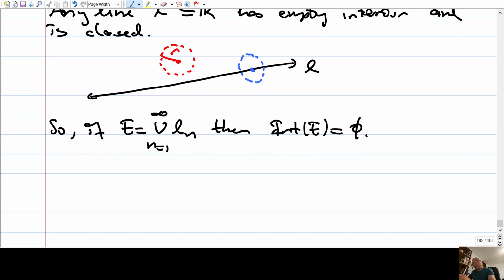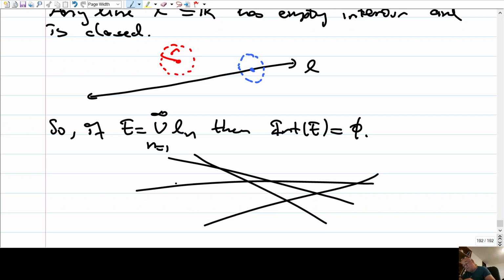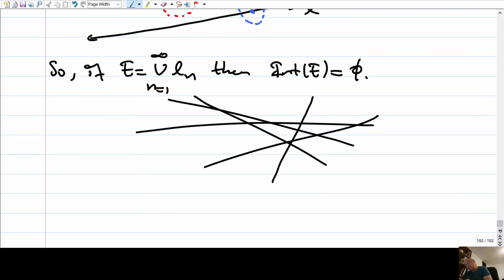This is actually not easy to see, right? I mean, I have infinitely many lines, and no matter how you draw them, the union always has empty interior. This is what the theorem tells us. Do you have any questions so far?